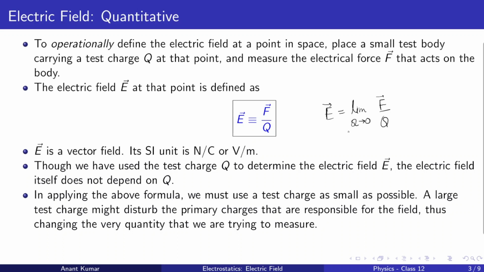We can't go any lesser than that. However, for the sake of definition, we make the test charge as small as possible. That will make sure that we are not disturbing the electric field that we are trying to measure. In any case, whatever quantity you get as F by Q is the electric field at that point. There is no doubt about that. That's by definition the electric field at a certain point.